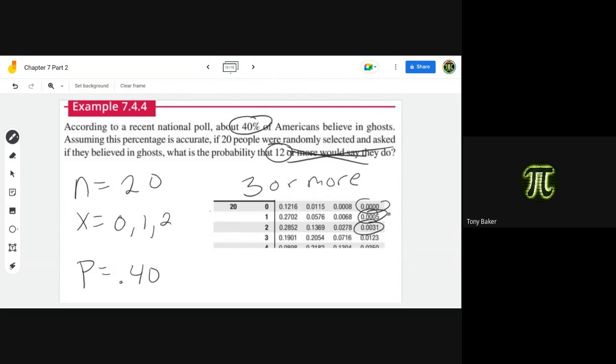They did it to 4 places, so 0.0036. And I would do 1 minus that, which would give me 0.9964. That would be 3 or more. So instead of having to do all the values, sometimes it's easier to do the opposite of what they gave you.